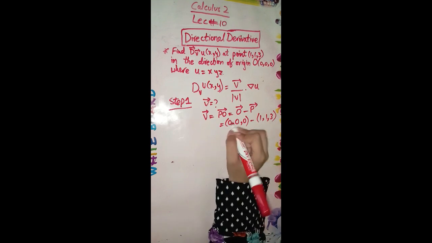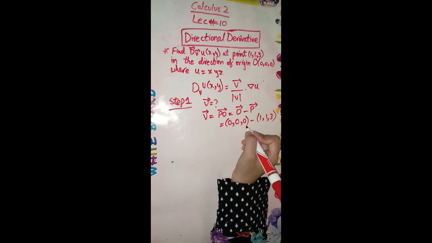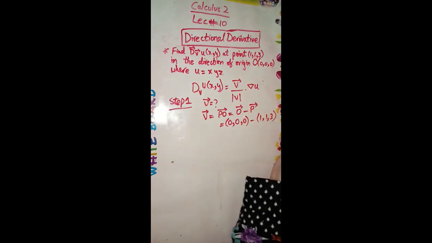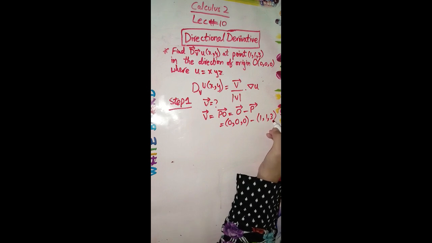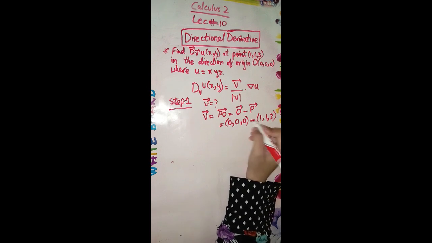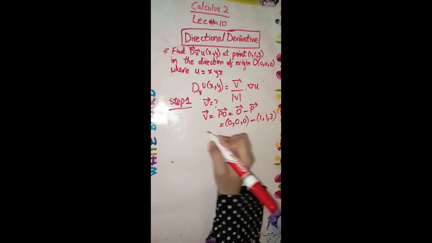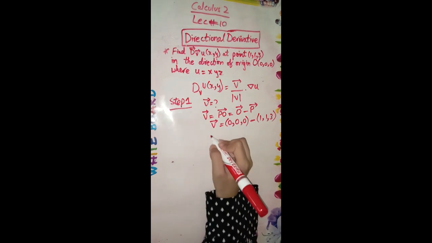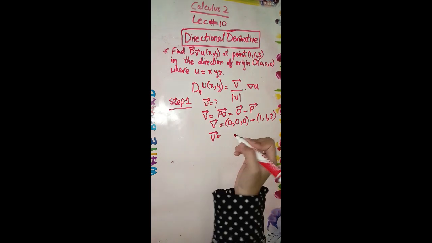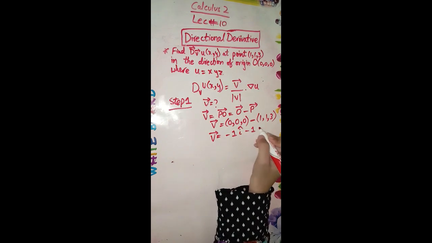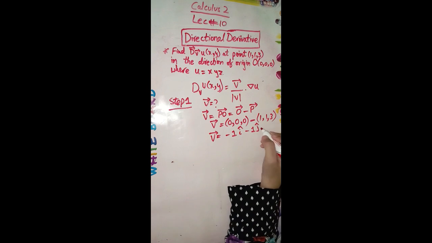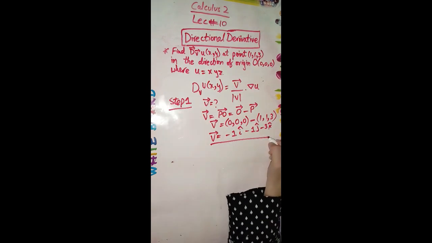Origin means the values of x, y and z are 0, and the point given in the question has x as 1, y as 1, but z as 3. And we have to subtract these values. So our vector v will be minus 1 i hat, minus 1 j hat, and minus 3 k hat. This is our vector.